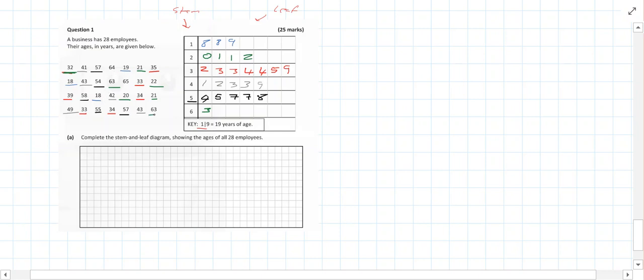We have another 63 here, so we better put that one in. 63, and we have 64. And we should have one left, so it's 65. So this here will represent your stem and leaf diagram. So, complete the stem and leaf diagram showing the ages of all 28 employees. So this is it here, and this will be your answer. Okay, so hopefully that makes sense, and thank you for listening.